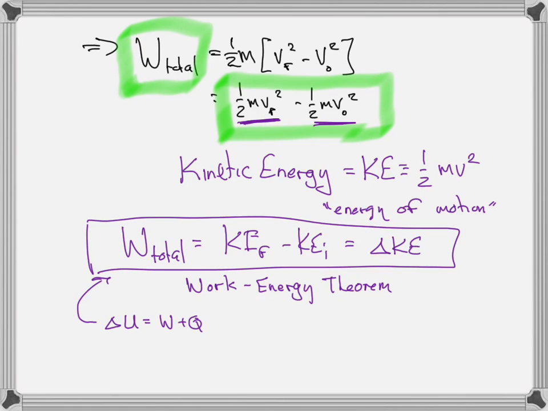So now you can see what I mean by work being positive or negative, speeding up a body or slowing down a body. If I had just a single force on a body, then the total work done is equal to the work done by that single force, and that's going to equal the change in kinetic energy of the body, right?